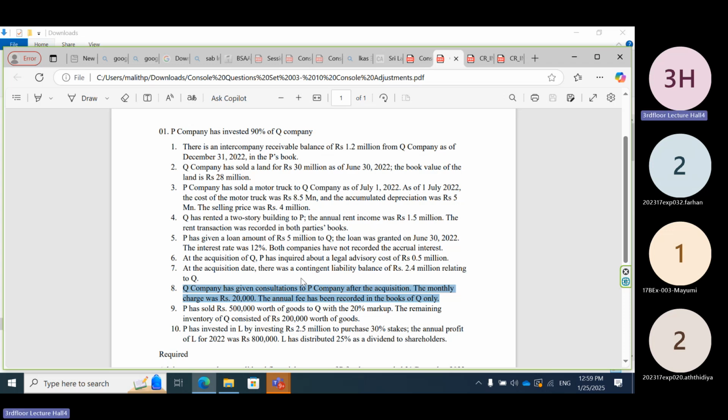Cost of sales, 80,000. 20,000 gross margin. For B, 200,000, let's say 175,000 cost, 25,000 gross margin. This is the individual company gross margin calculation.